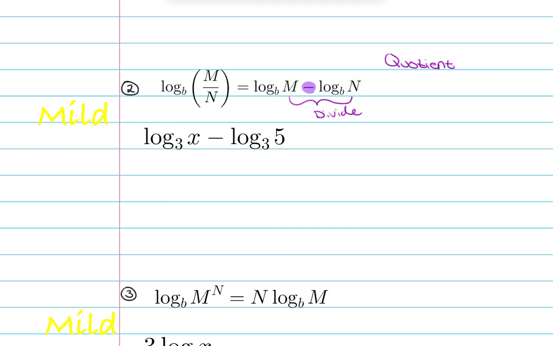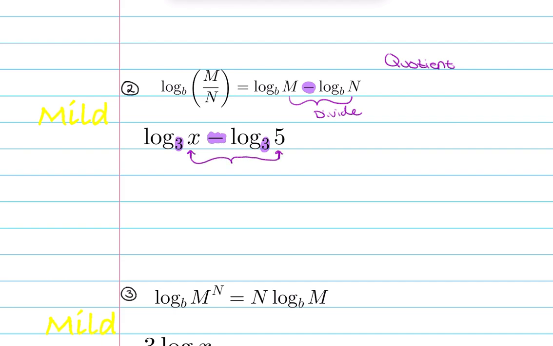We look at our example here. I have 3 as my base. That's a good start. We have to have the same base. And then we have a subtraction sign. That means I am going to take this argument right here and this argument right here, and I am going to divide them.